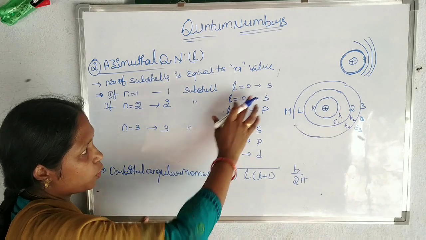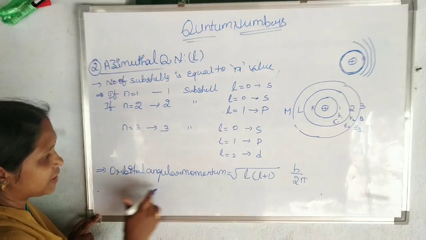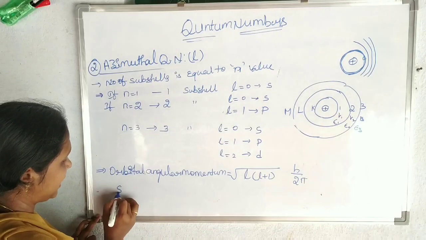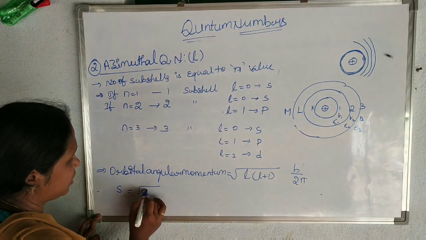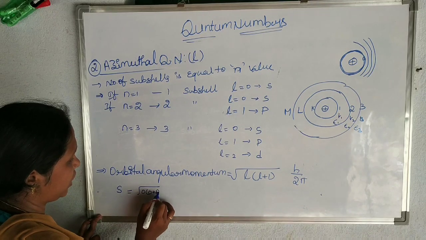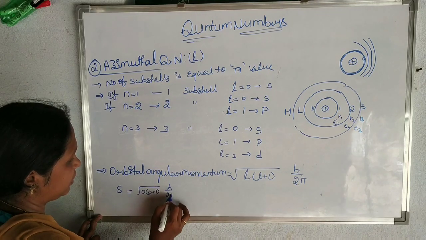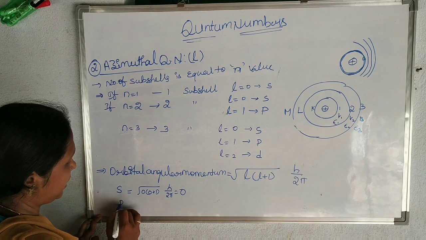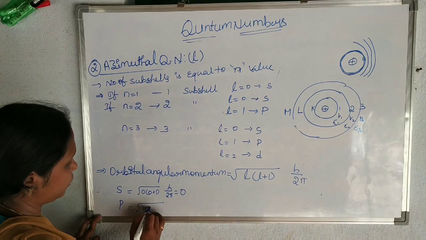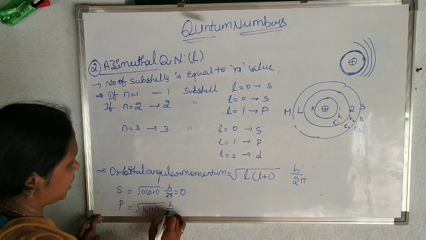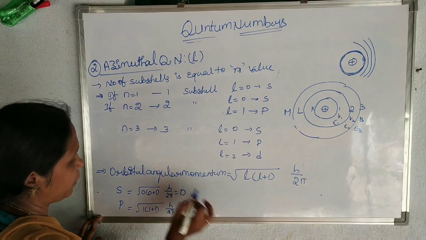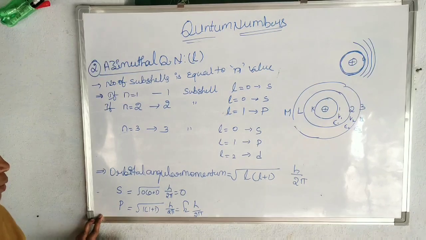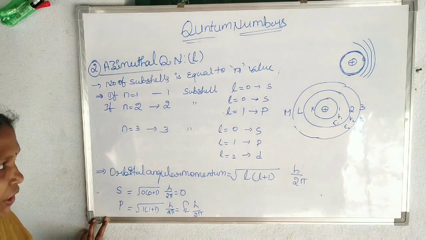If L equal to 0, meaning S subshell, the orbital angular momentum is root over 0 into 0 plus 1, into h by 2 pi, which equals 0. For P subshell, it is root over 1 into 1 plus 1, into h by 2 pi, which equals root 2 into h by 2 pi. Like that we will write down the orbital angular momentum.